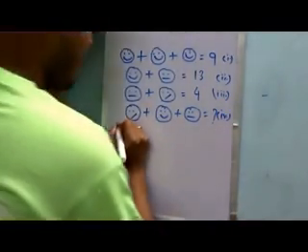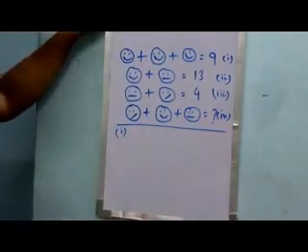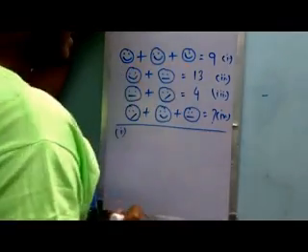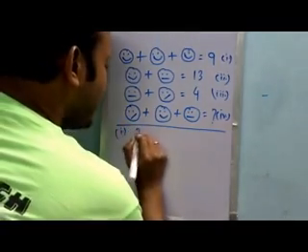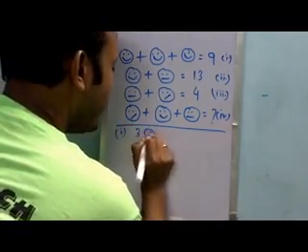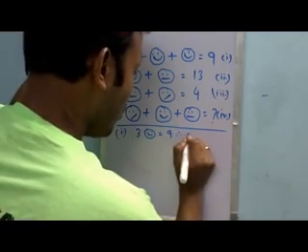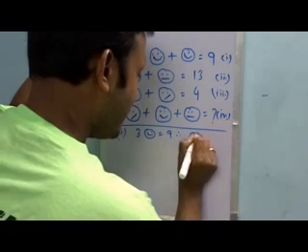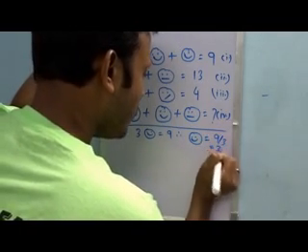So in case of row 1, what you actually see, there are 3 smiling faces whose value is 9. So 3 smiling faces give the value of 9. So one smiling face equals 9 by 3 equals 3.